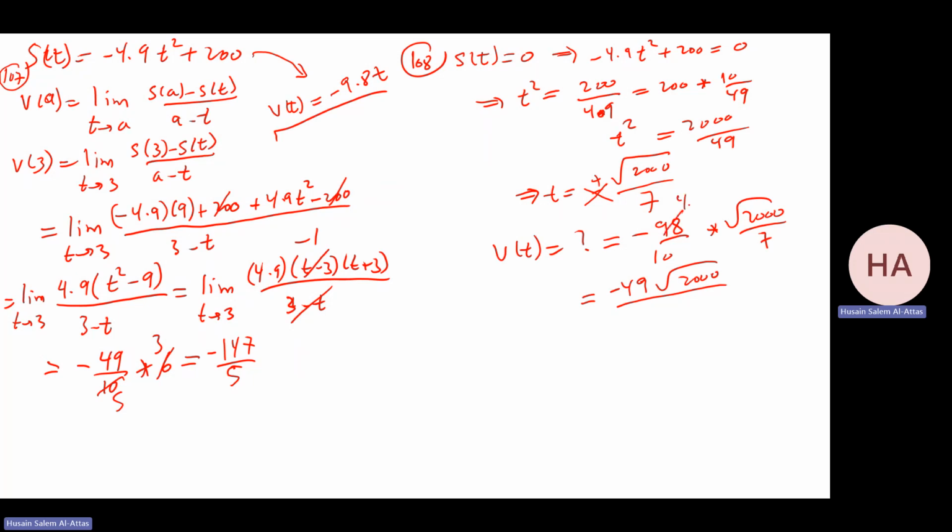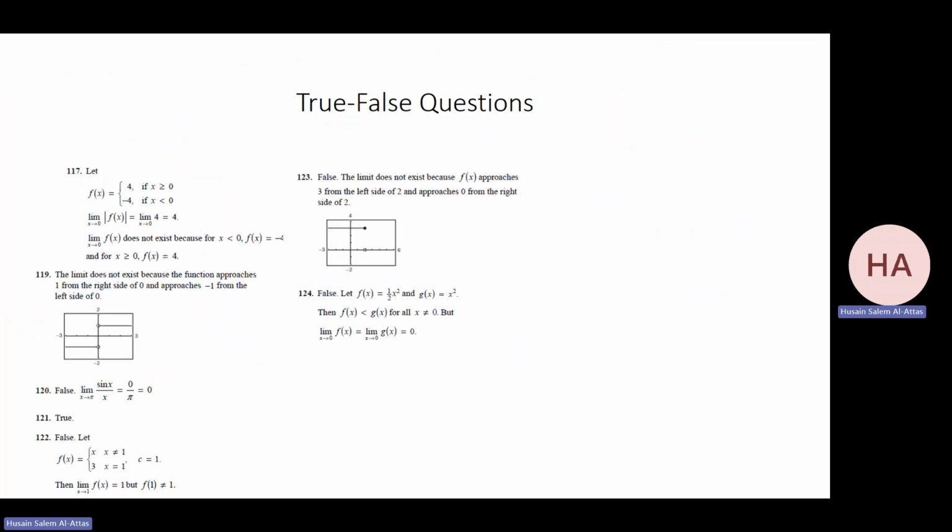This is 49, this is 2 over 14. Oh, 14 also. Yeah, this is 7, this is 2. So it will be minus 7 times the square root. Calculations, who cares? Check the numbers.